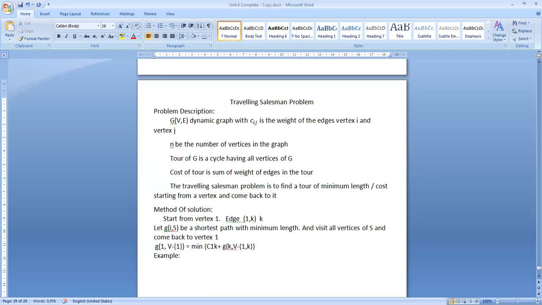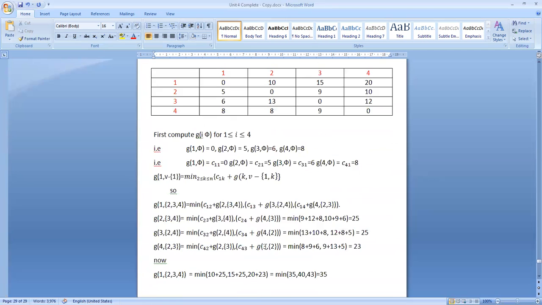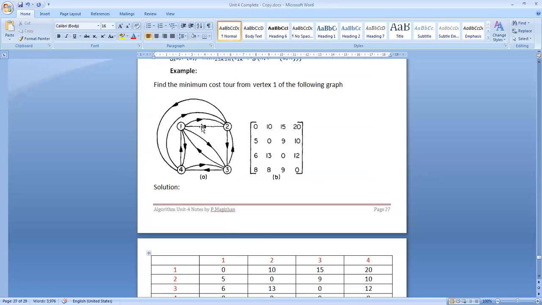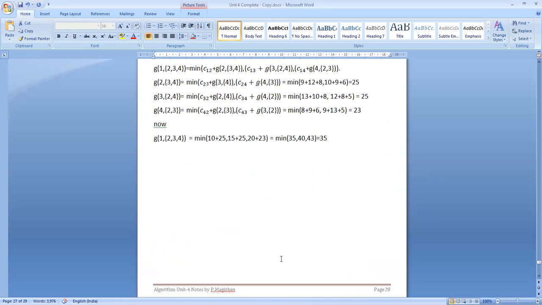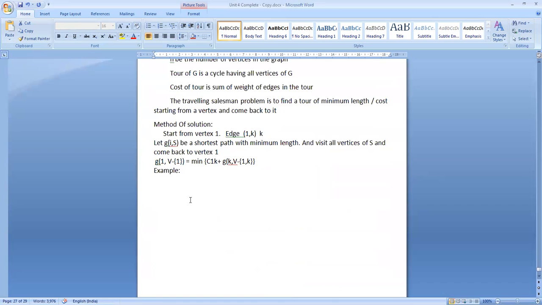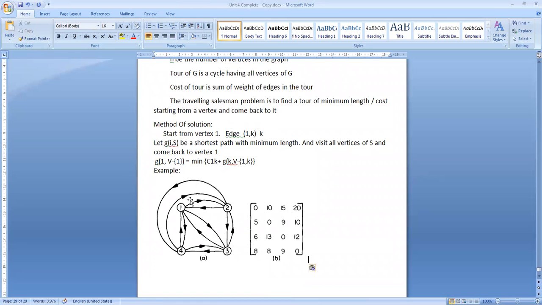Example. For convenience sake, I have already solved one problem and I will take this one. This is the problem we are going to find. What does it say? Starting from any of these vertices, visit the remaining vertices exactly once and come back to the original starting vertex.